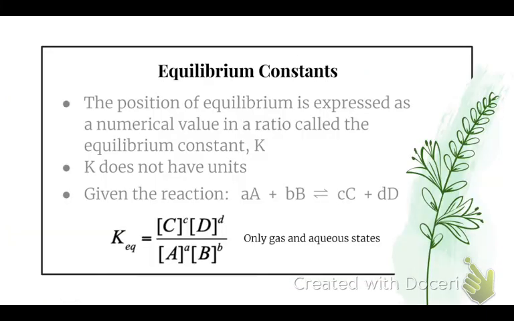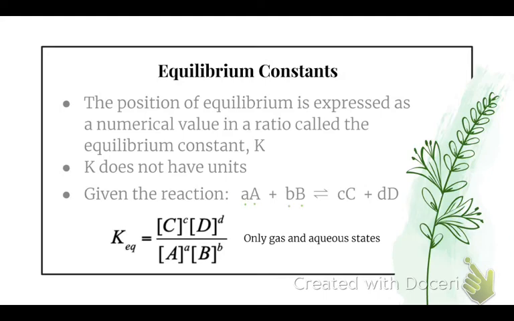Now when we look at these equilibrium or reversible reactions, we're going to calculate constants for the reactions. The constant does not have units, but it's a ratio that's based on the products over reactants. You can see that I have a given reaction here, and this given reaction has lowercase a, uppercase A, lowercase b, uppercase B, and so on and so forth.